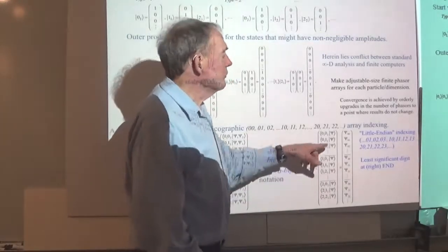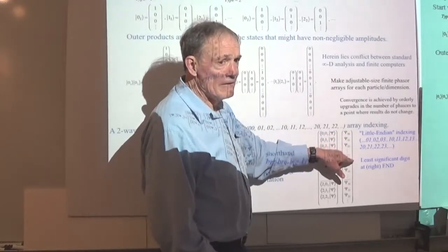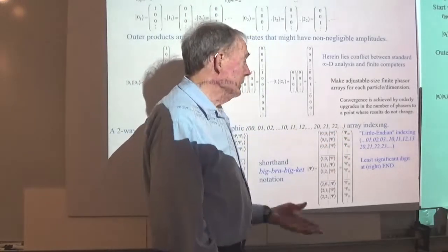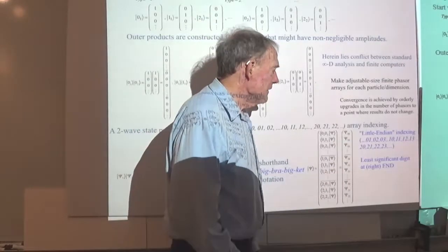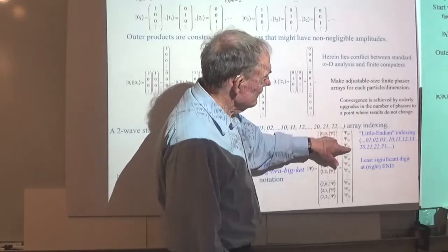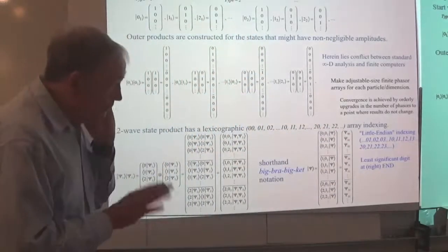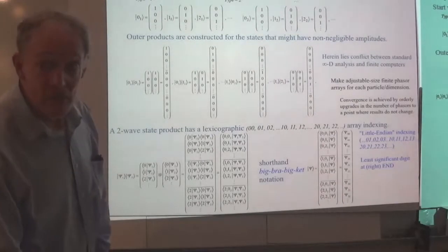Okay, and then you can shorthand that to this. Okay, and that would be a Little Indian. The least significant digit is on the right end. That's usually what we do. Okay?